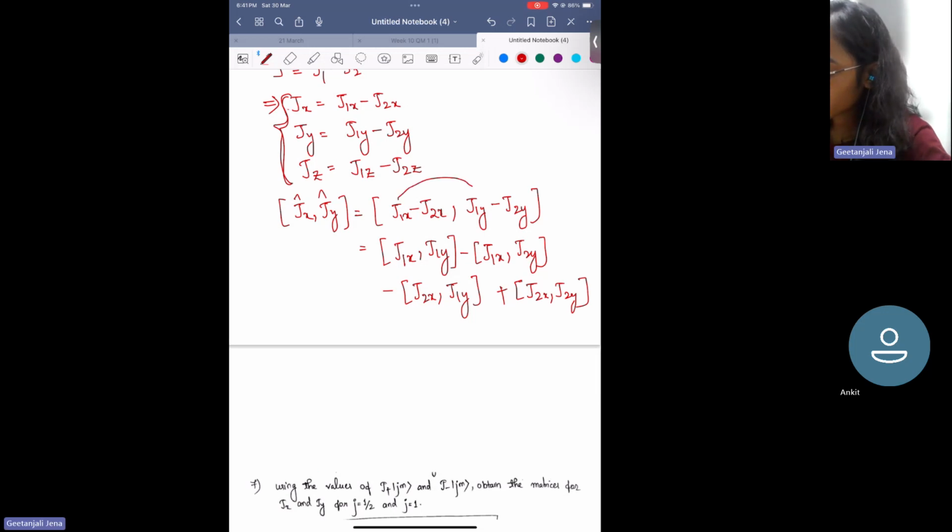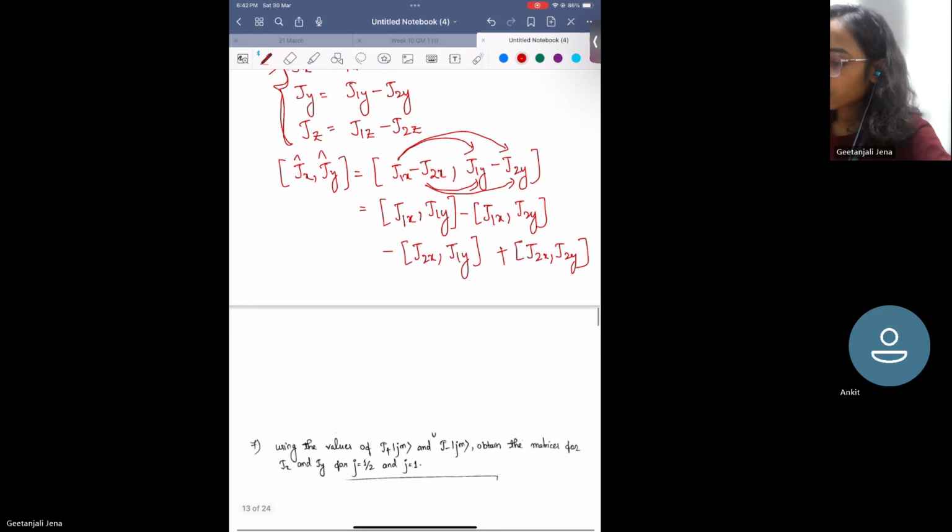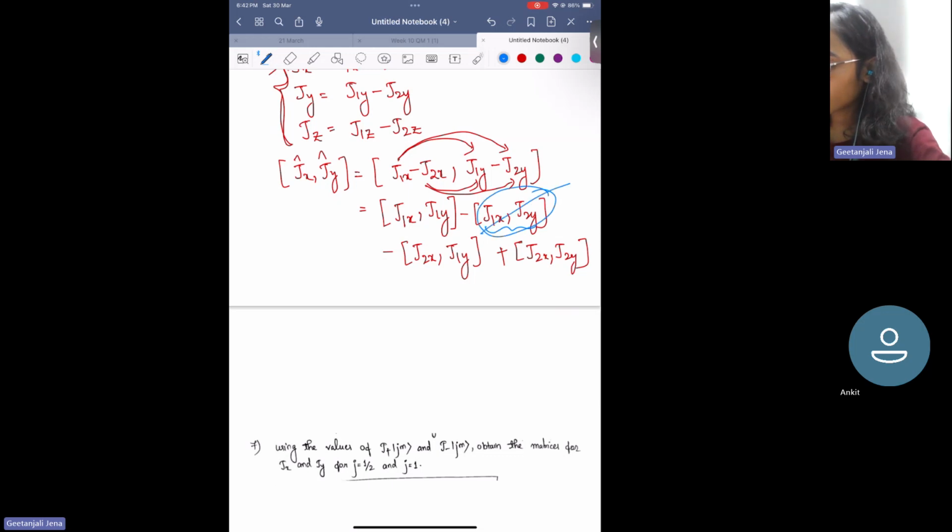We commute term by term, this with this and this with that. Now the terms involving J1 and J2 are 0 because they correspond to different particles.